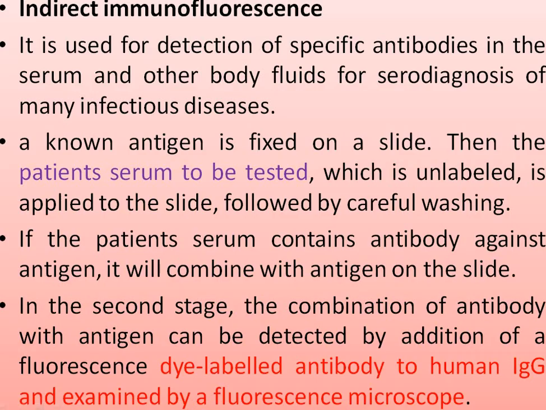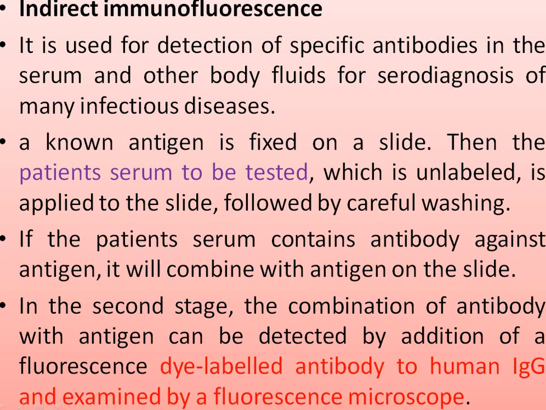So, indirect immunofluorescence is used for detection of specific antibodies in the serum and other body fluids for serodiagnosis of many infectious diseases. A known antigen is fixed on a slide. Then the patient's serum to be tested, which is unlabeled, is applied to the slide, followed by careful washing.